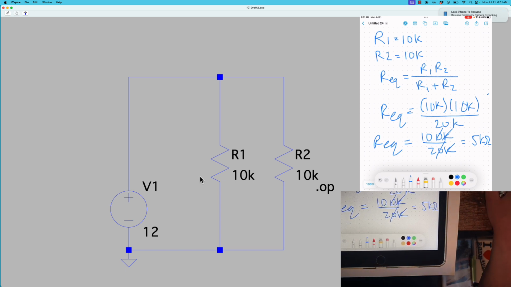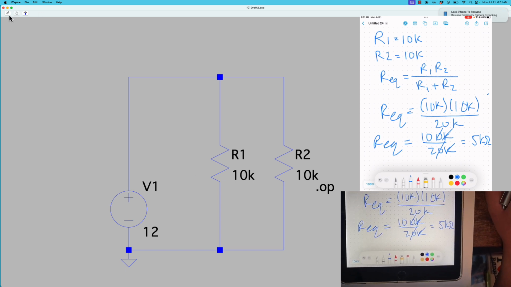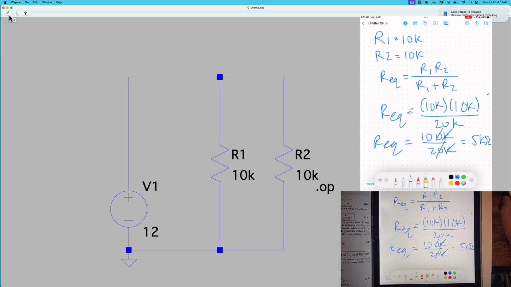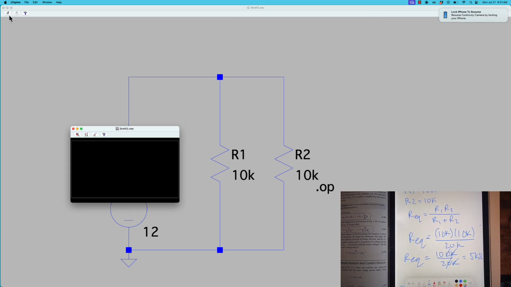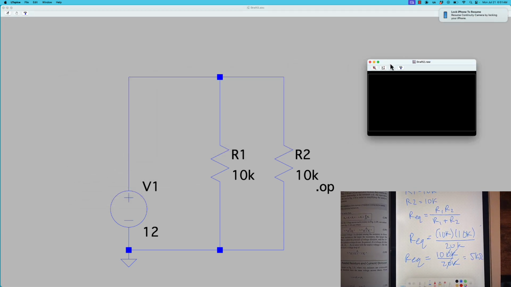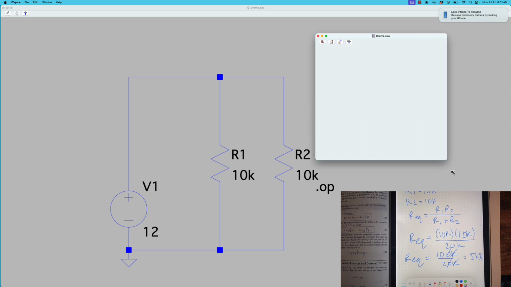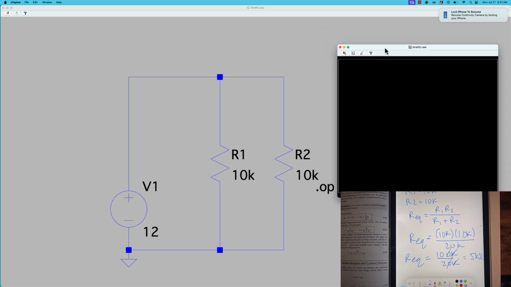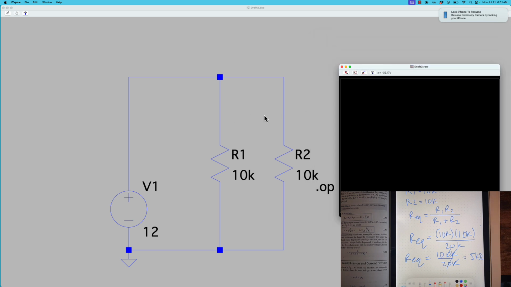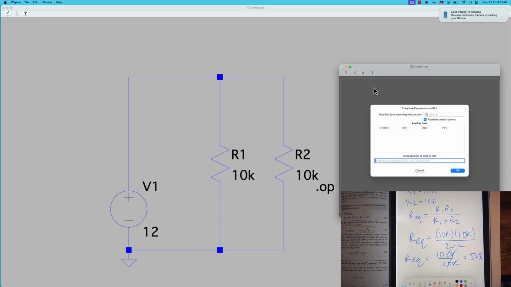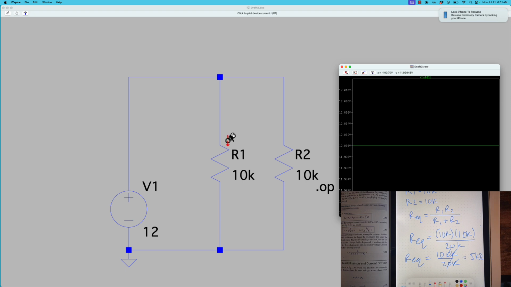So then we're going to simulate it now. I'm going to run the .op, the DC operating point. And we can pull up the screen here, add the trace, and measure the voltage at that point. It's still 12 volts across this resistor.